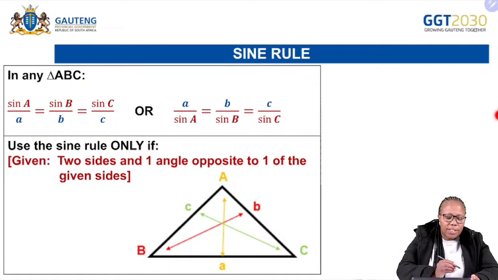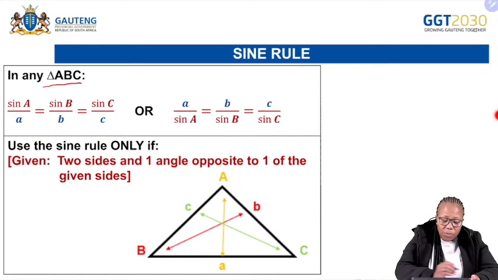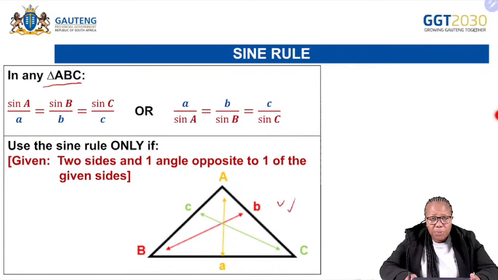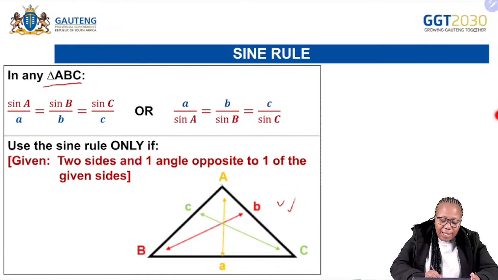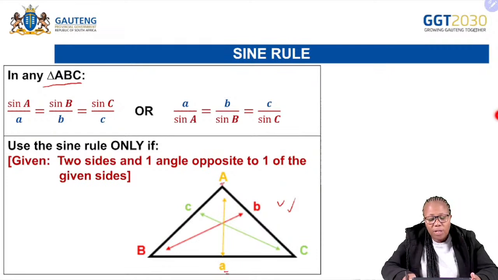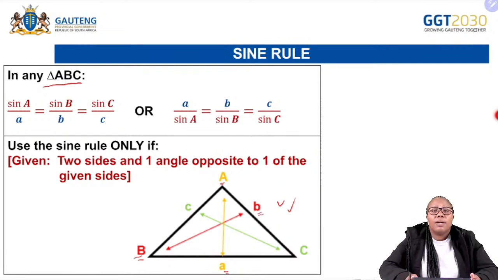It states that in any triangle, let's say we have triangle ABC in this case. This is the triangle we are talking about, triangle ABC. The side that is opposite angle A will be side A, as you can see from the yellow color there. The side that is opposite angle B will be the small letter b side.